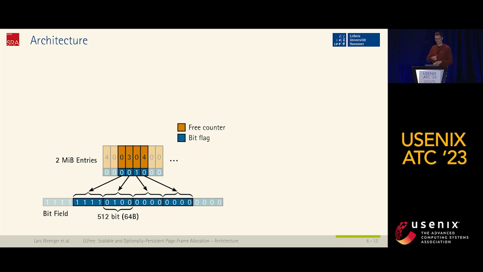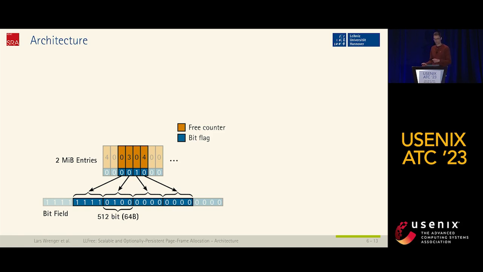And this allows us to skip entirely allocated bit fields when we search for the next page. And also, those entries contain flags at the bottom, in blue, that can be toggled when we want to allocate an entire huge page. And this is much faster than having multiple 64-bit atomics in the bit field itself. So this allows us to very efficiently allocate 4 KB and 2 MB pages.